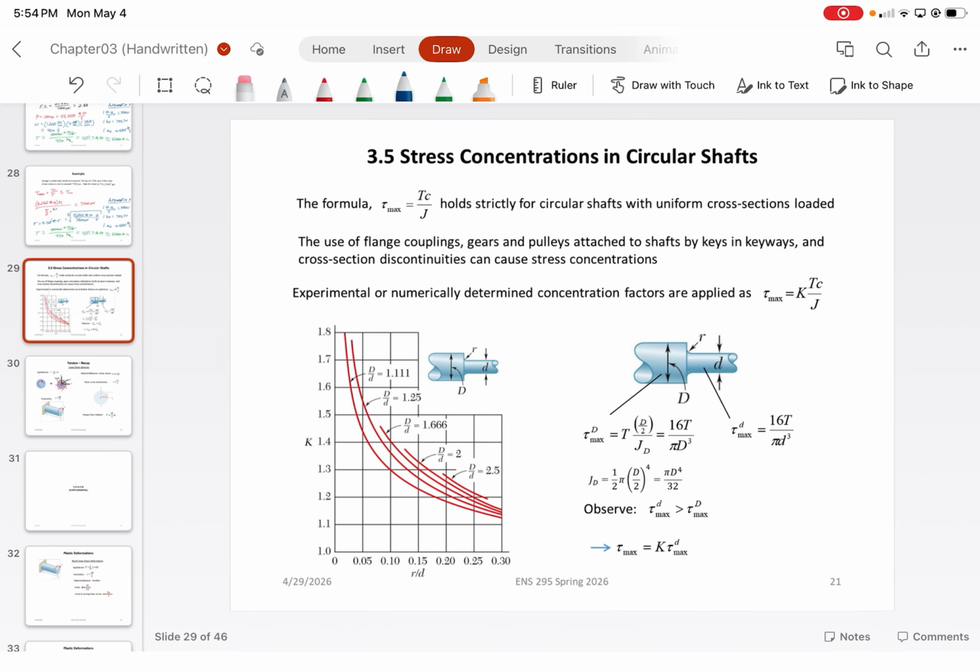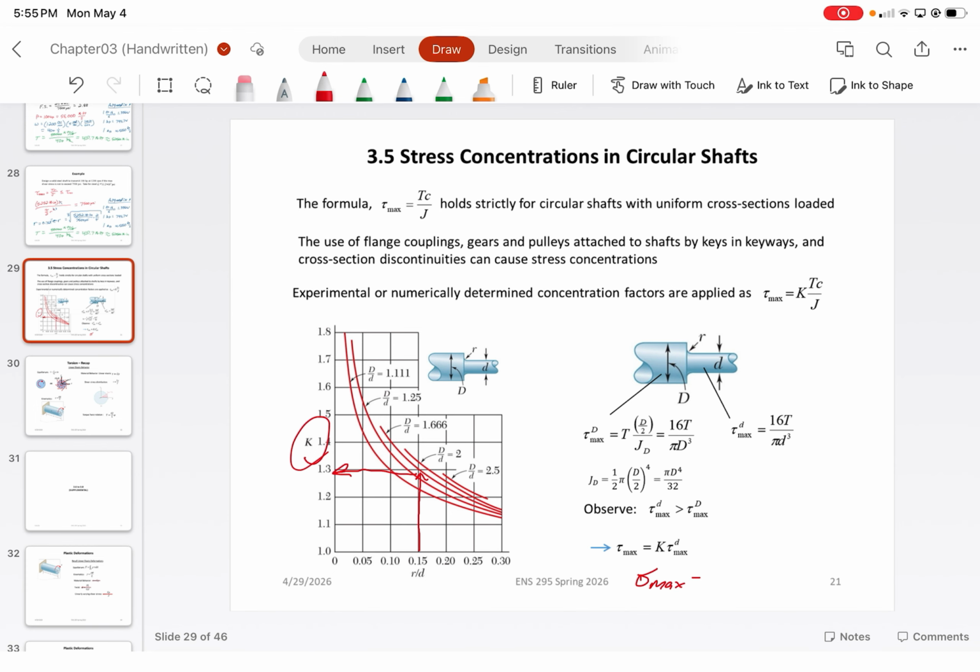And what you would basically do is just find the radius of the chamfer, divide that by the smaller diameter, and then from there you would pick out the ratio of D, capital D over d, or the big diameter over the small diameter, work tip to tail, and figure out your K factors, and then just apply all of the equations that we had previously been working with already, and just multiply your average torsional shear stress by that factor K.